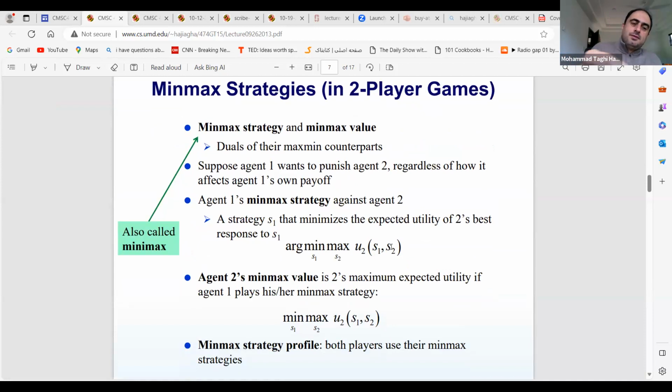Good. And let me define the other one before we go to the Nash equilibrium, considering these concepts in more detail.